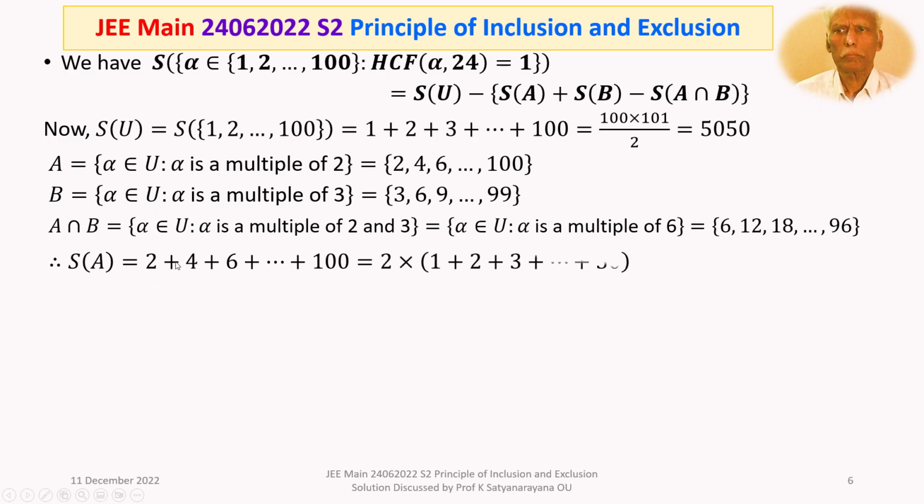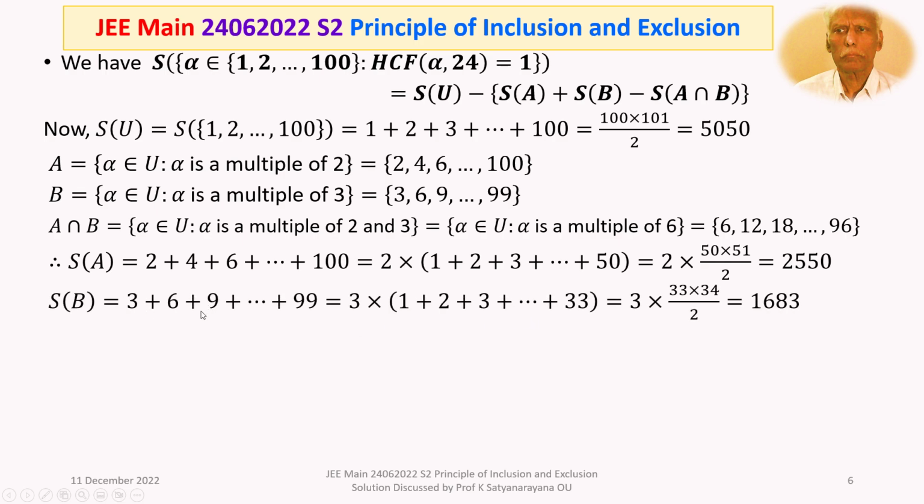S of A is the sum of all those elements in A, that is 2 plus 4 plus 6 up to 100. Taking 2 common, we get 2 into the sum of the first 50 natural numbers, that is 50 into 51 by 2, n into n plus 1 by 2 where n is 50. The answer is 2550. S of B is 3 plus 6 plus 9 up to 99. Taking 3 common, the sum of the first 33 natural numbers, 3 into 33 into 34 by 2, and the answer is 1683.